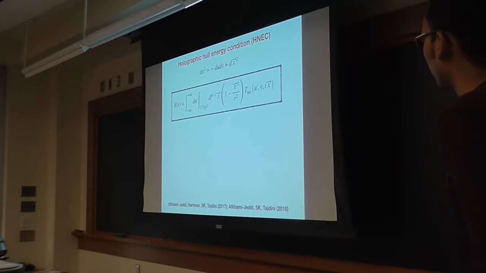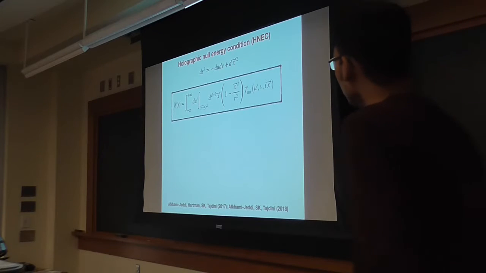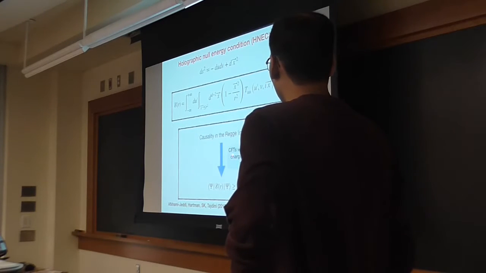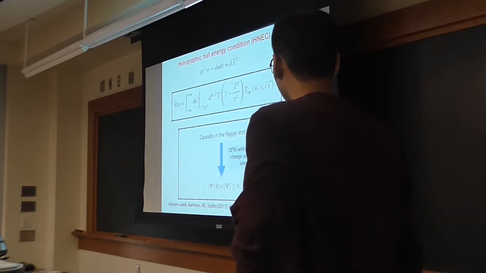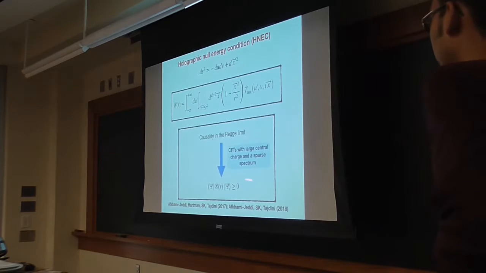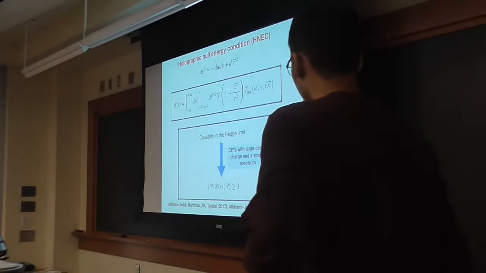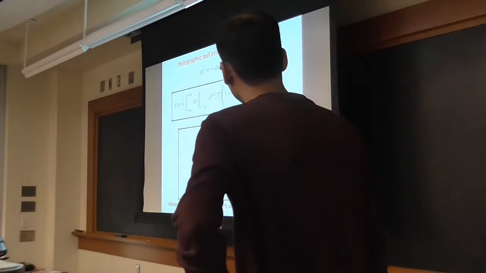I'll explain what I mean. If you take causality in the Regge limit, and if your CFT has a large central charge and a sparse spectrum, you can derive that this expectation value is positive for some sides, not all sides. I'll explain, and this is important.